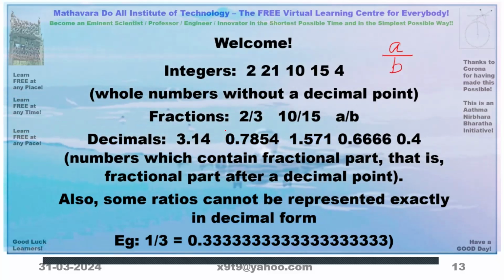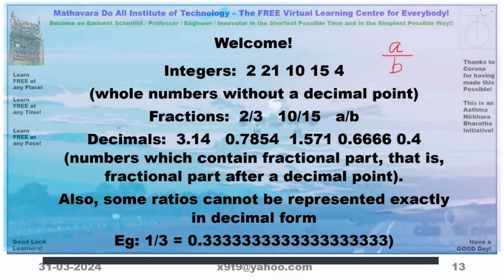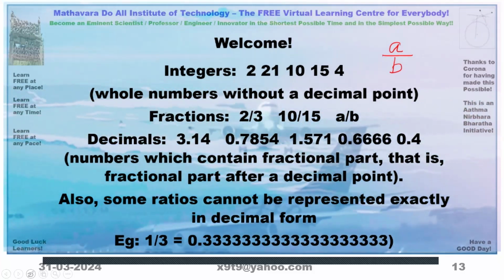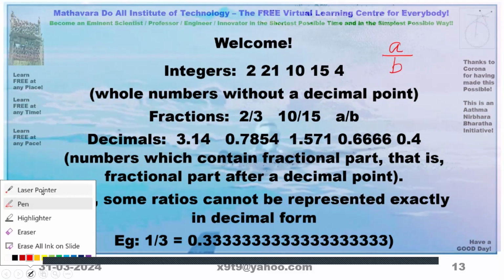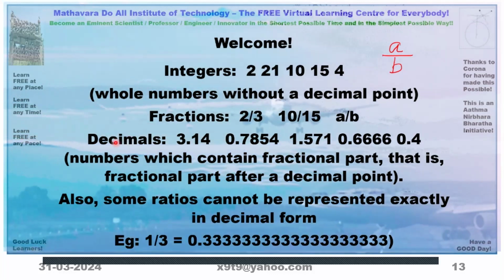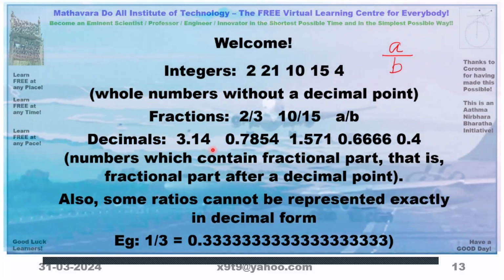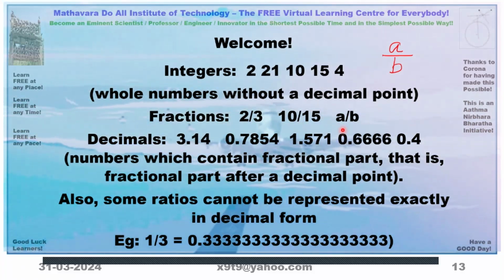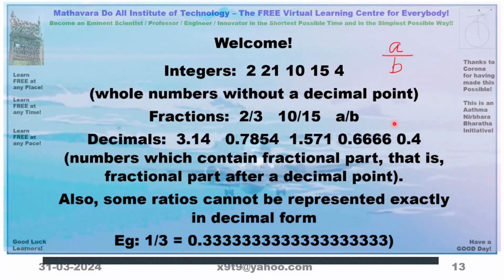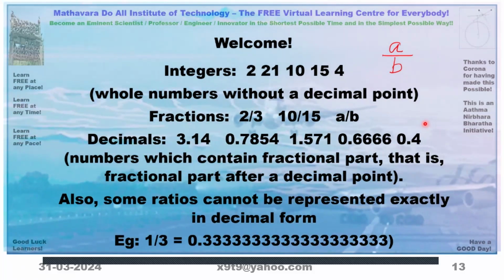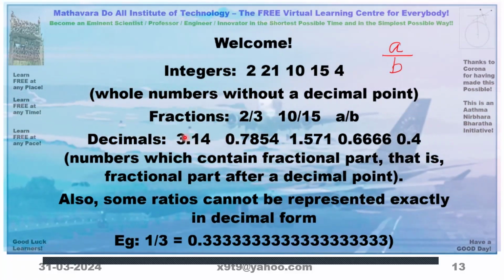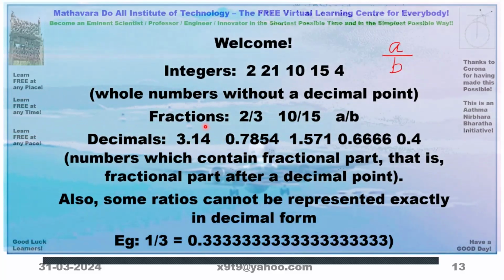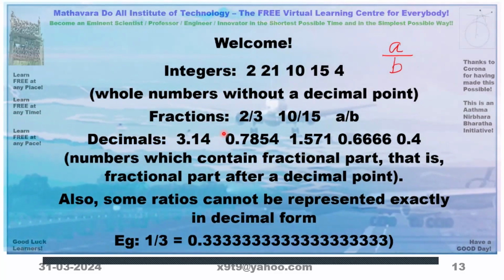Then decimals, like 3.14, 0.7854, 1.571, 0.6666, 0.4. There will be a whole number before the decimal point, and the fractional part is after the decimal point.